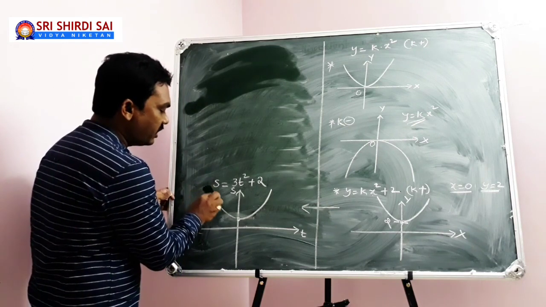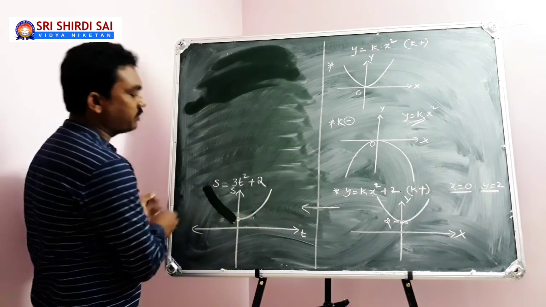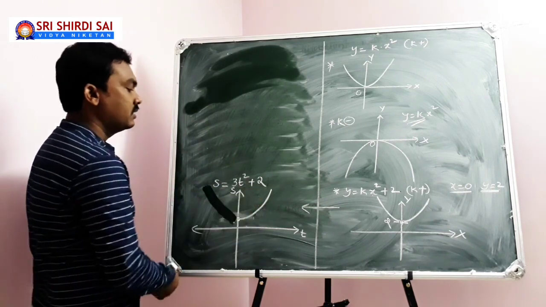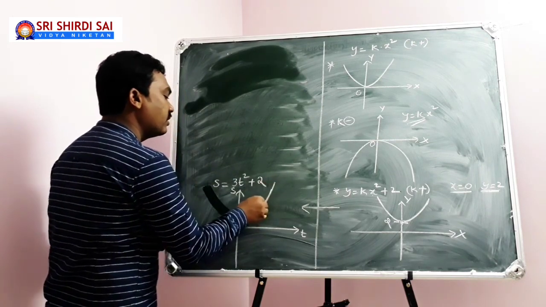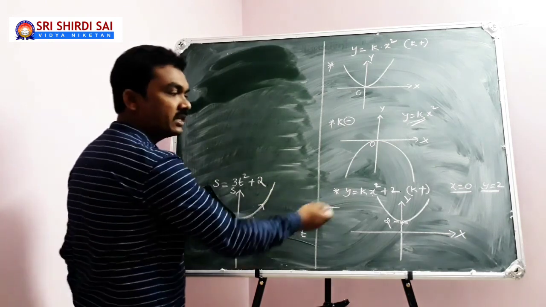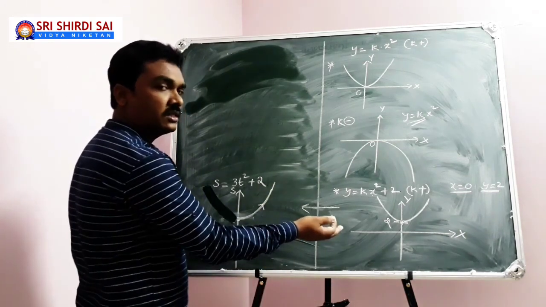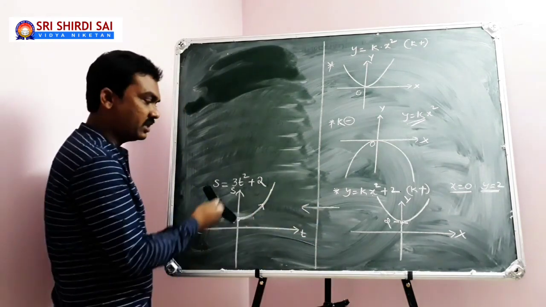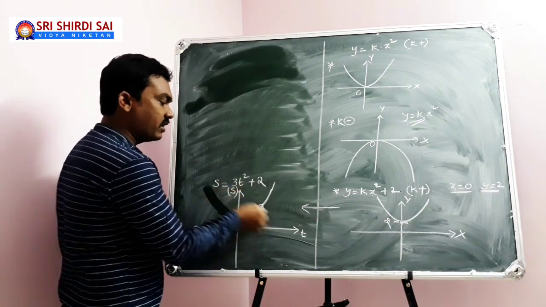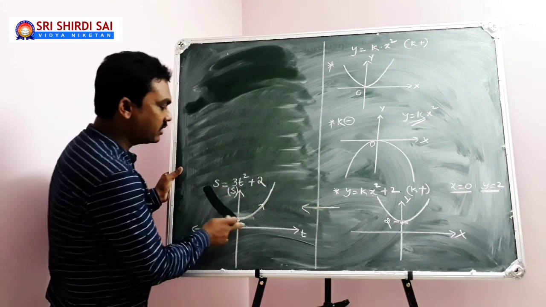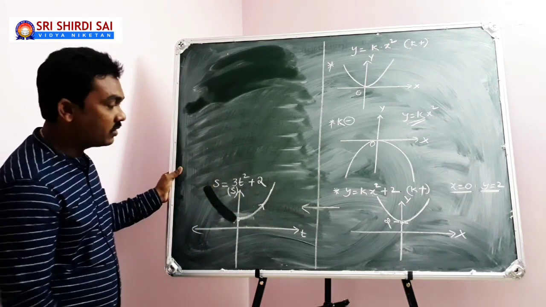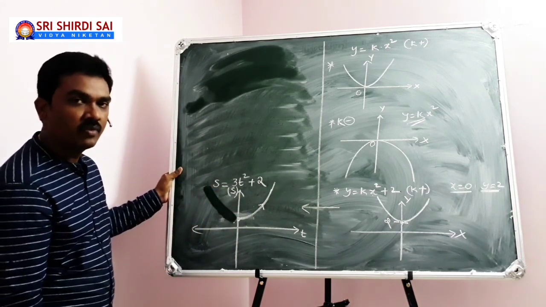That is the reason why your parabolic curve exists only from here onwards. In mathematics we have x and y, but here s and t, where time is never negative in physics. That's why your curve exists only in the first quadrant. This is an interesting point you need to understand.